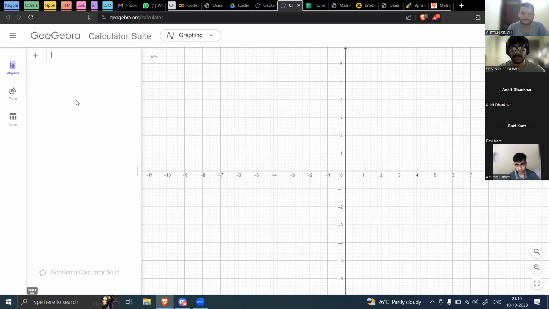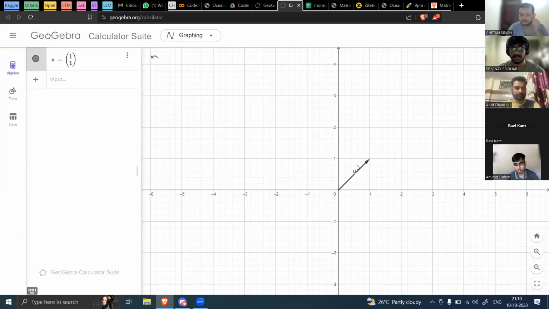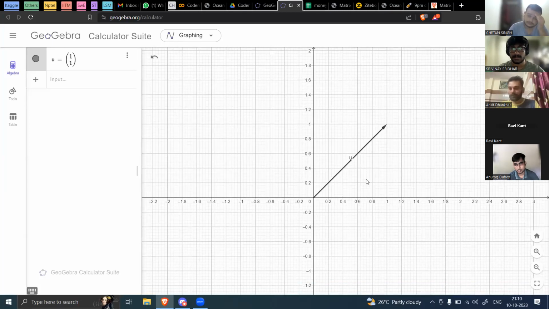Okay, so (1, -1) and (-1, 1). Let's go slowly. Let's say u is equal to (1, 1). Everyone can see that this vector is (1, 1), right?